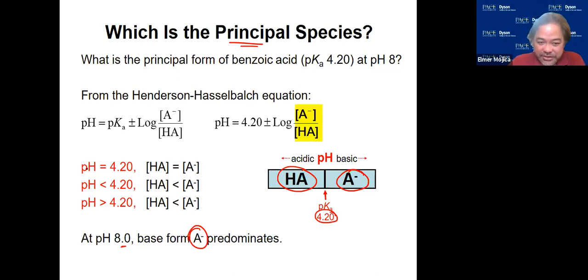So this is how you interpret them. The pKa is the pH where there's the same concentration of the two forms. Higher than that, one form is dominating. Lower than that, the other one is dominating.